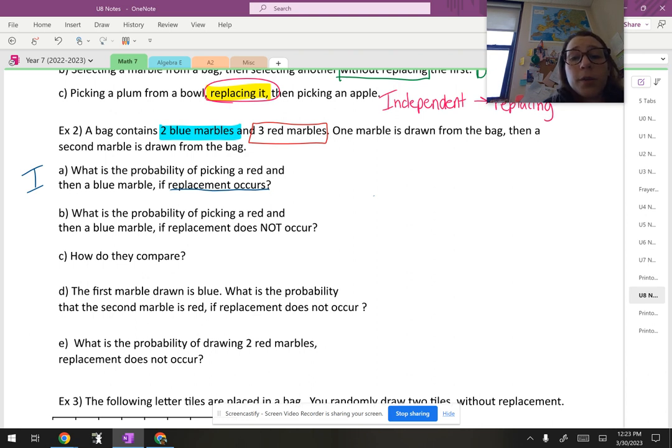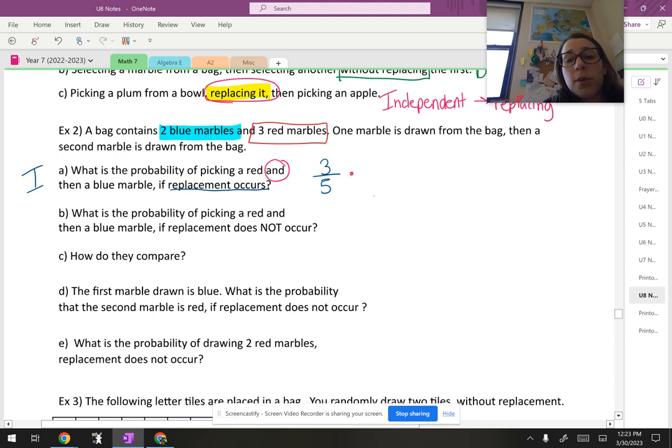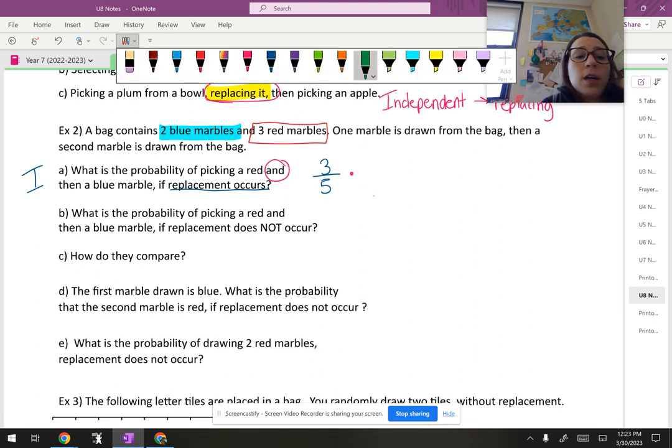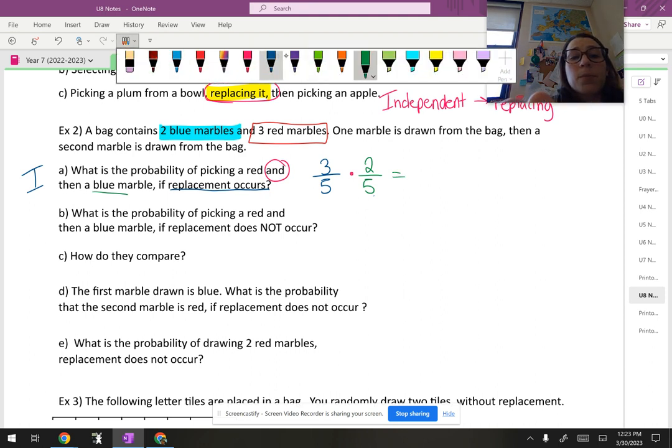So red marble is 3 out of 5 total. And that tells us we need to be multiplying. Blue marble would be 2 out of 5 because, again, replacement occurred. So after I picked that first one, I put it right back.